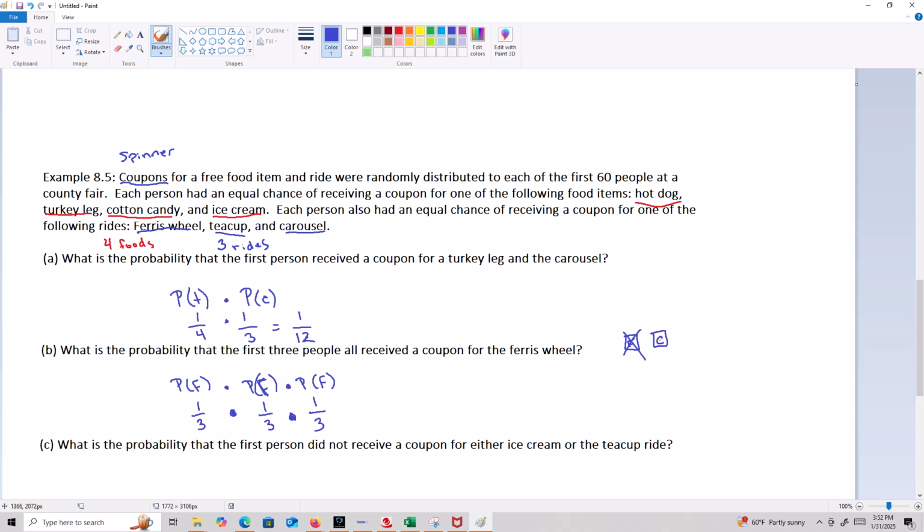It's completely dependent. And for the second person to get the carousel, it's going to be 100%, because that's what's left.